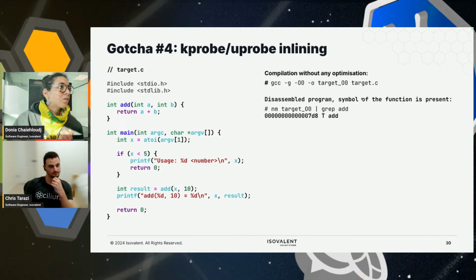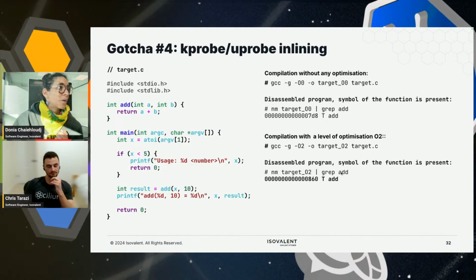After compilation with no optimization using GCC, we can see that we have the symbol of the function add, and we have a big T. It means that it's a global and external symbol, and we have the corresponding offset. And we are using the tool nm to do it. Then we're going to compile with optimization level O2.